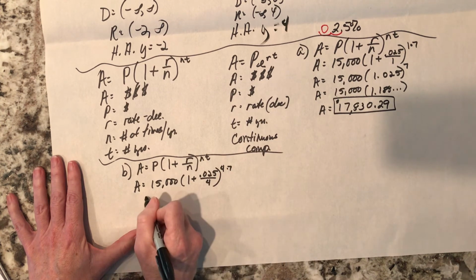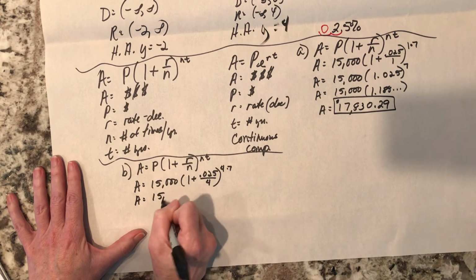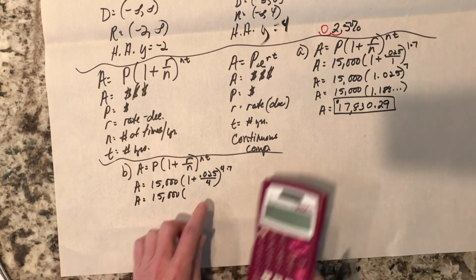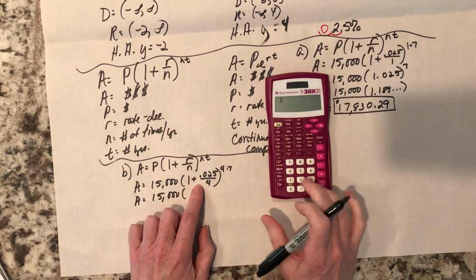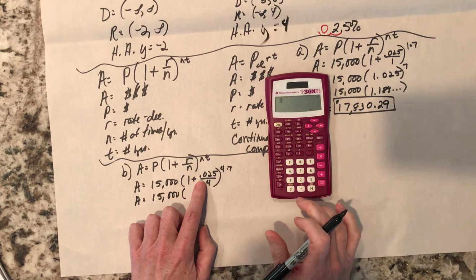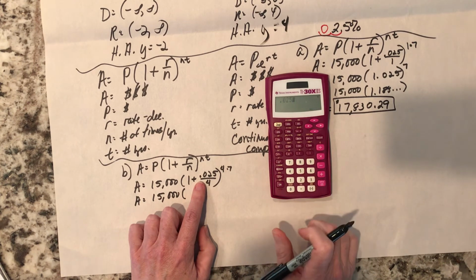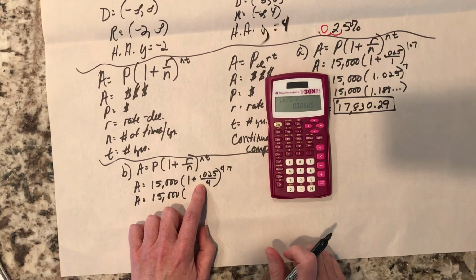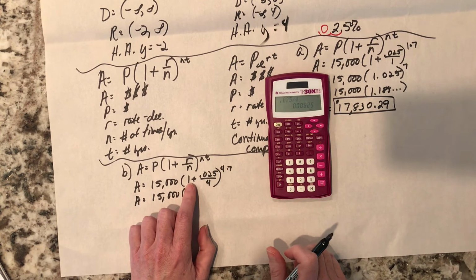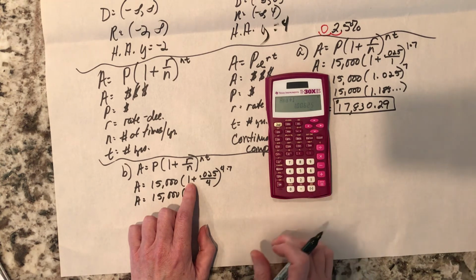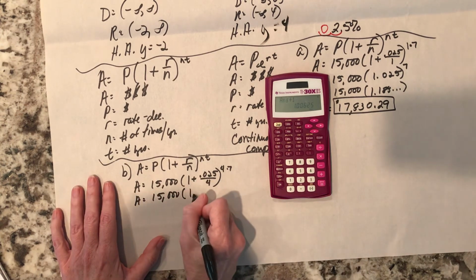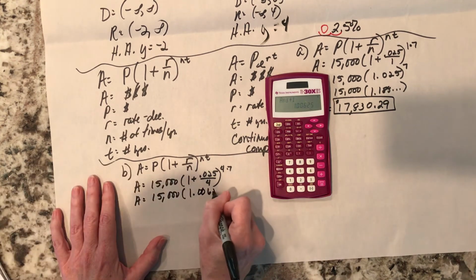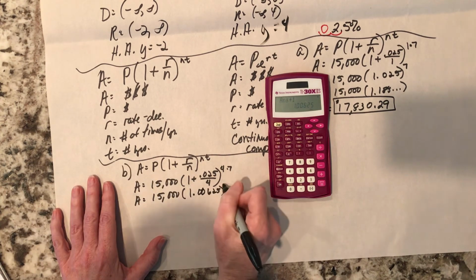So let's clean this up a little bit. Leave the 15,000 there. I'm going to work on getting 0.025 divided by 4. I'm just clearing the parentheses. So 0.025 divided by 4, and that gives me that number, plus 1. You can put it in your calculator, or you can just put a 1 in front of it. 1.00625. 4 times 7 is 28.